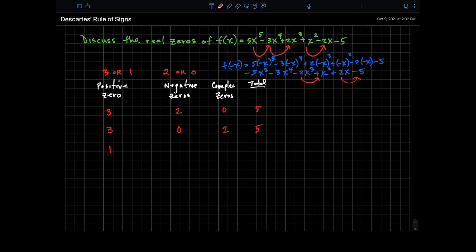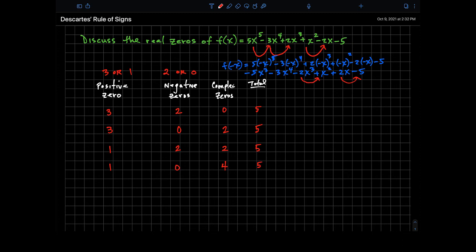If there is 1 positive zero and 2 negative zeros, that'll be a total of 3, then there will be 2 complex, giving it 5 total. Once again, if there is 1 positive zero and no negative zeros, the rest are going to be complex zeros. That'll be 4 complex, which also gives it a total of 5.